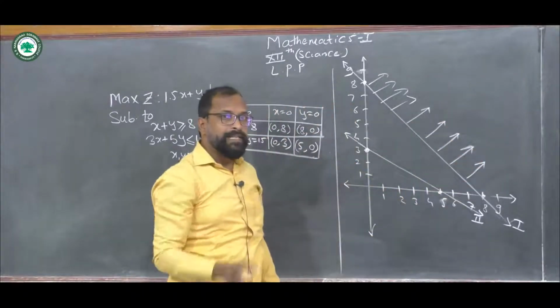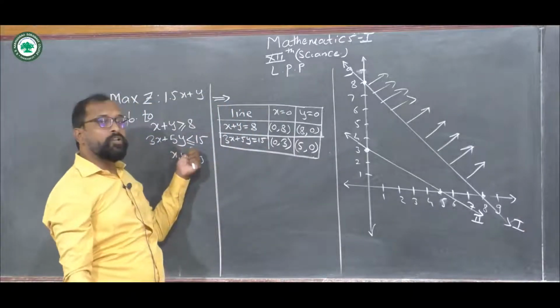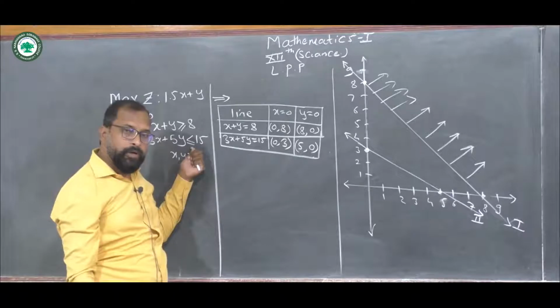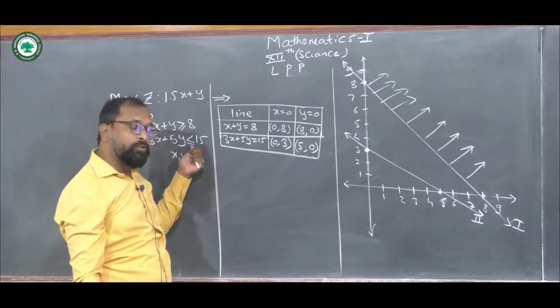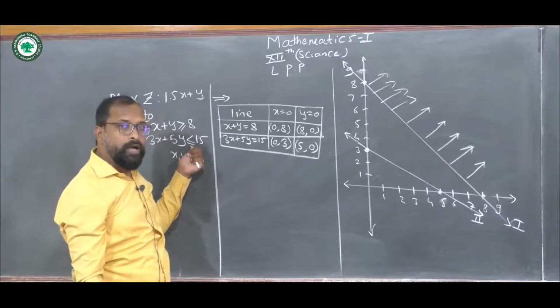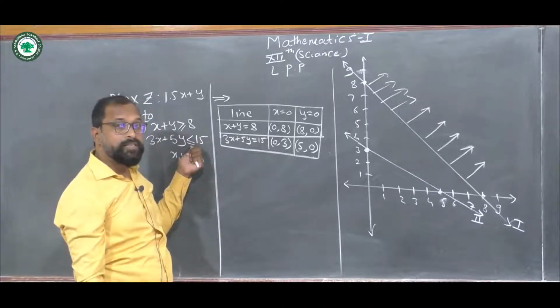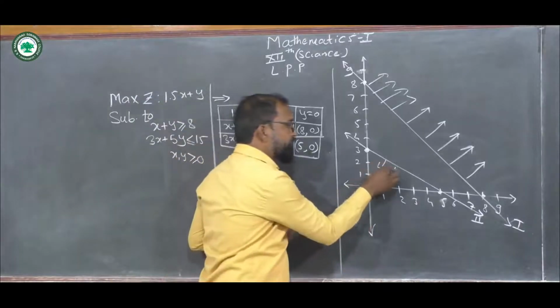Now the second constraint is of the type less than or equals to, and we know that whenever there is an inequality of less than or equals to type, we consider a region below the line, or we can say a region on the origin side. So this is the region.